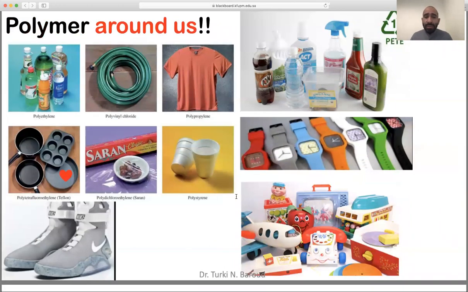If you look around you, you're going to find polymers have many applications that really help humanity. At the same time, there are some issues with some of these polymers, because some of them are actually harming the environment, as you cannot get rid of them after you use them for whatever application.